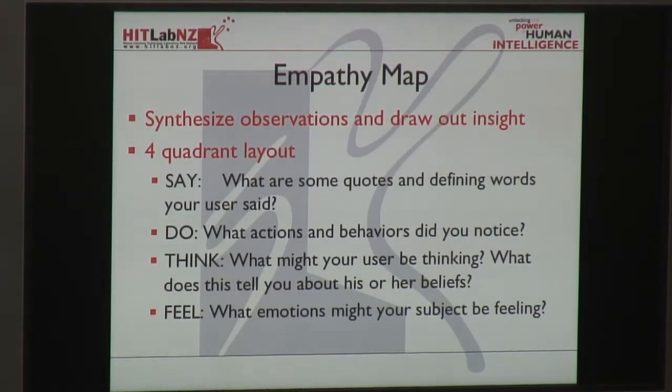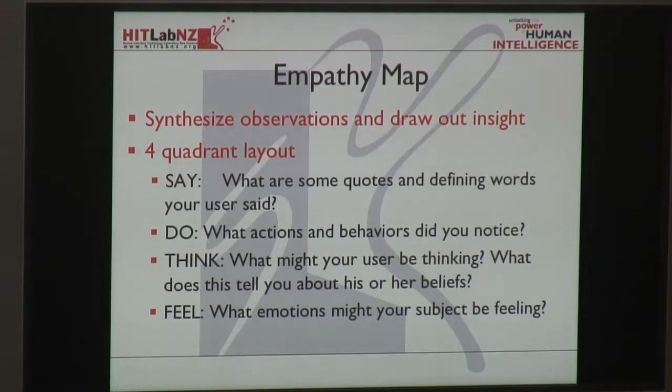Then I'll talk about each of those. So you can see you've got the 4 quadrants. The say comes out from your interviewing. You'll interview somebody or a group of people, and you'll collect together a whole bunch of quotes from their interviews. In the say quadrant, you put down some of the quotes or important words that the user has said.